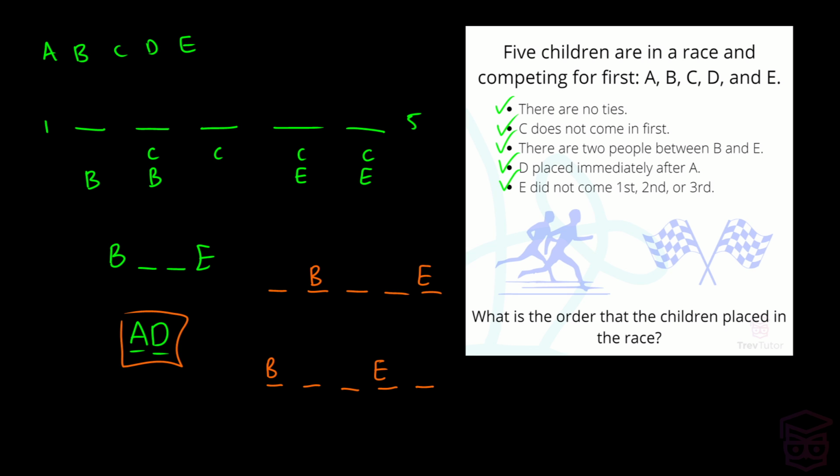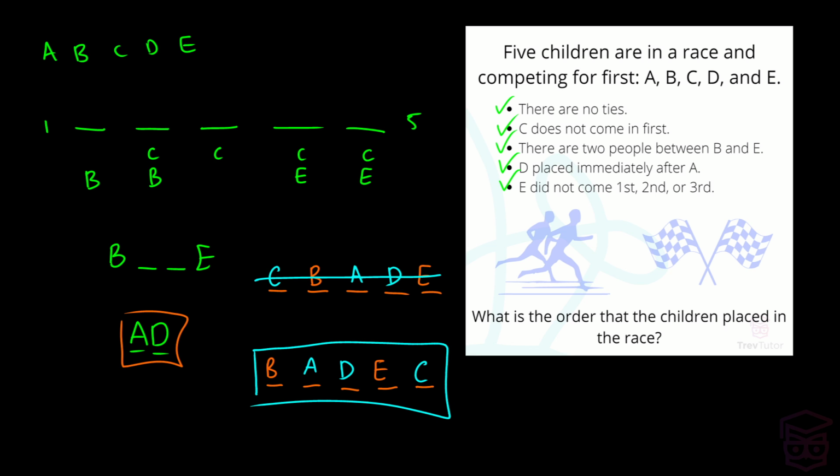No matter what we do, we have to put A and D in between B and E, otherwise they just won't fit side by side. Which means that the last person, C, either has to come in first or last. But we had a rule that said that C cannot come in first. So this means that the only acceptable order is going to be B, A, D, E, C.